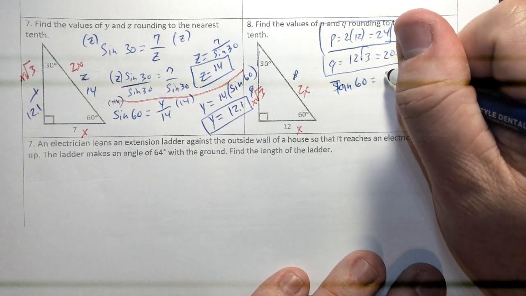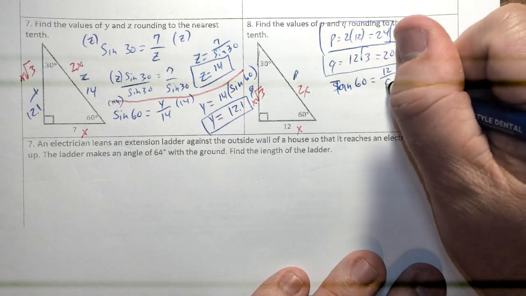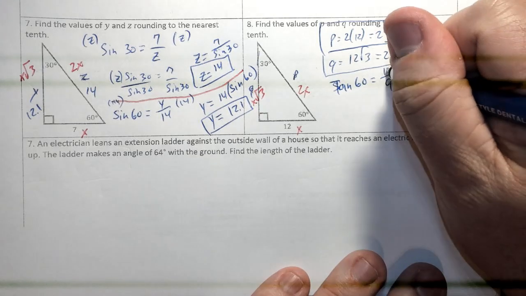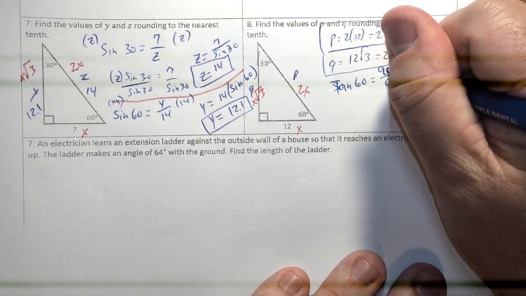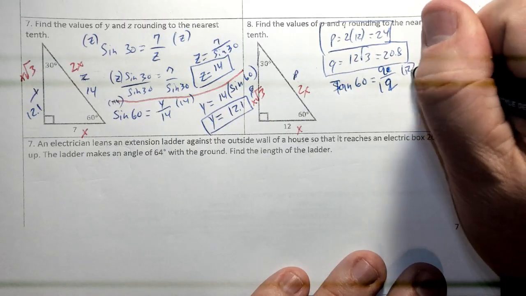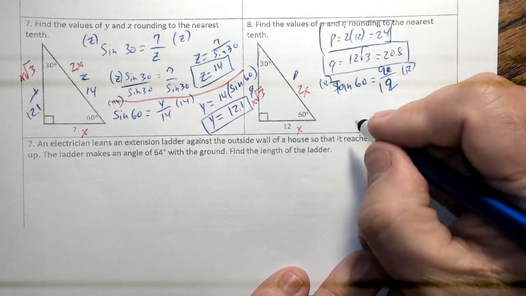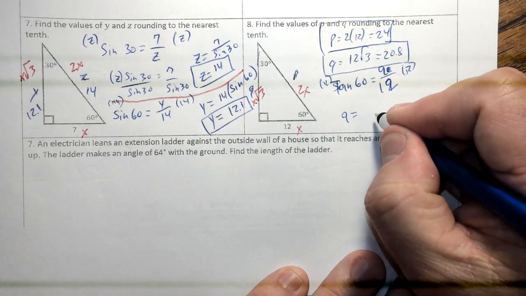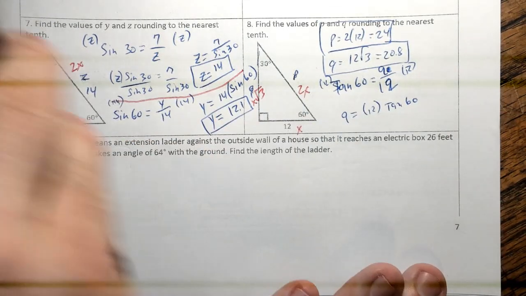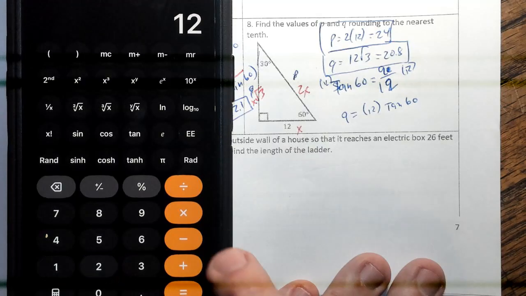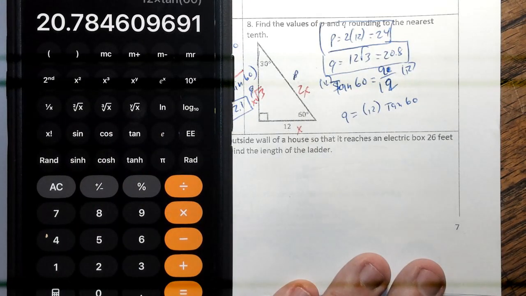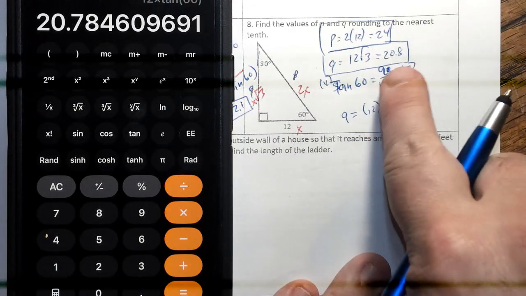It's going to be Q over 12. Opposite over adjacent. Okay, multiply both sides by 12. Sorry for the terrible writing. Then Q equals 12 times tangent 60. 12 times tan 60 equals 20.78, which is 20.8.